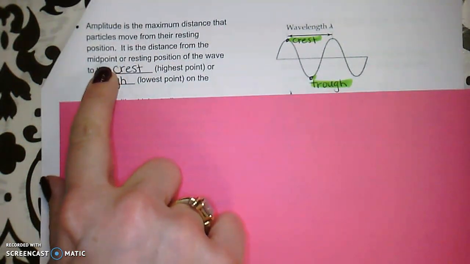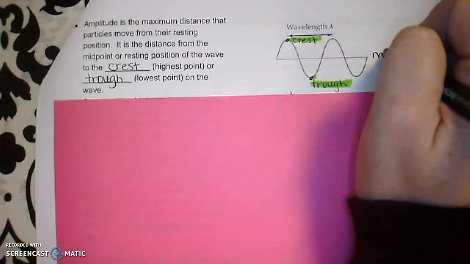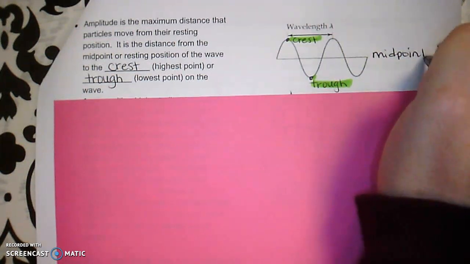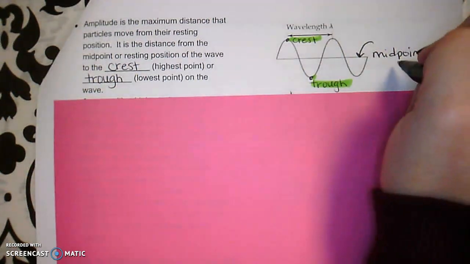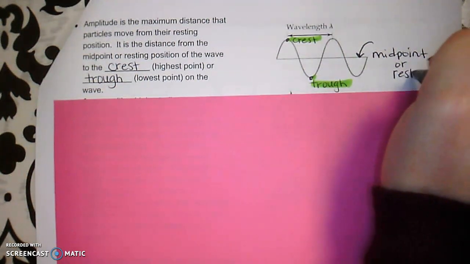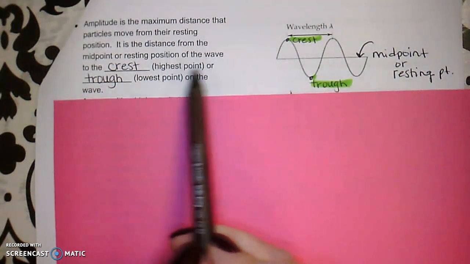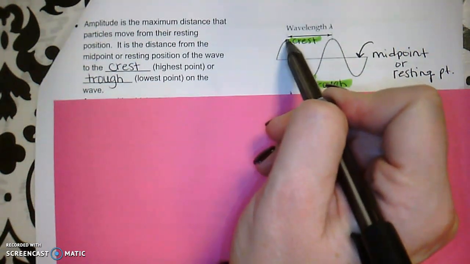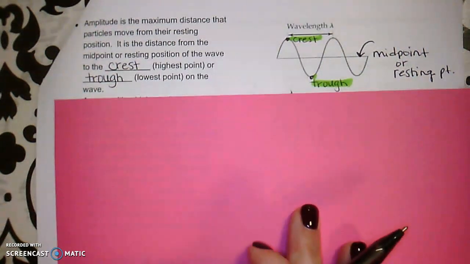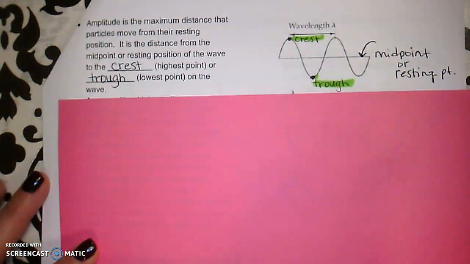It is the distance from the midpoint, so this would be the midpoint there in this picture, label that, or resting position, of the wave to the crest. Here is the crest, label that, which is the highest point, or the trough, that is the lowest point.